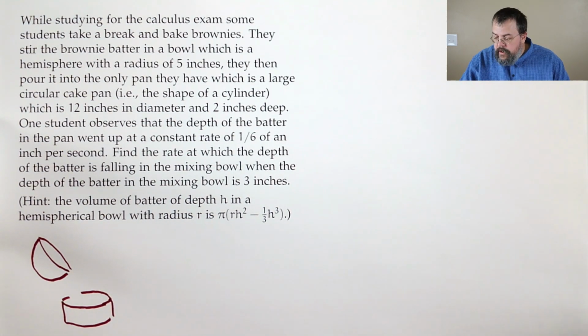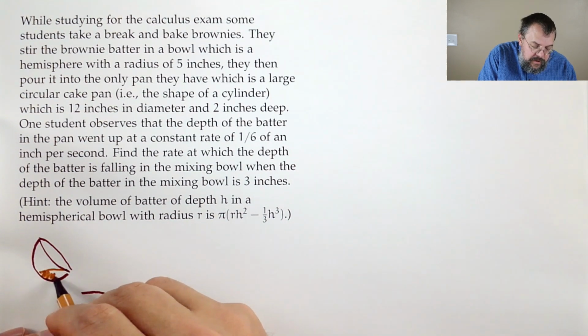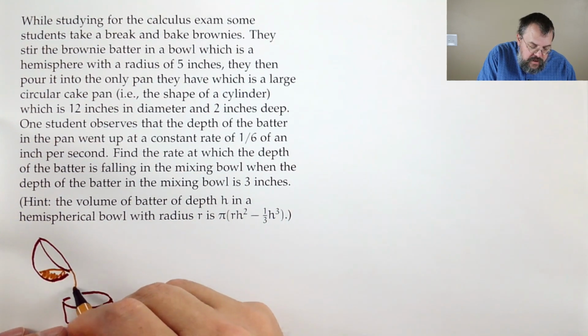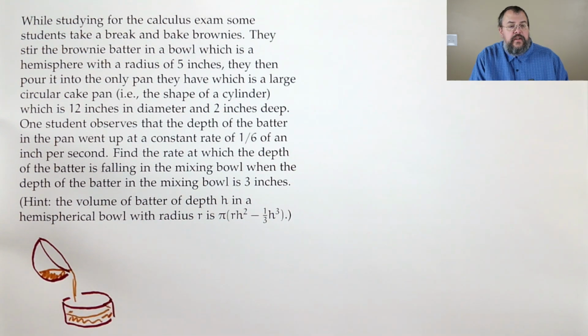So our brownie batter is filling up here, and then it's spilling in, and it's filling up down here. Okay, that's our picture. And well, let's start putting things together.